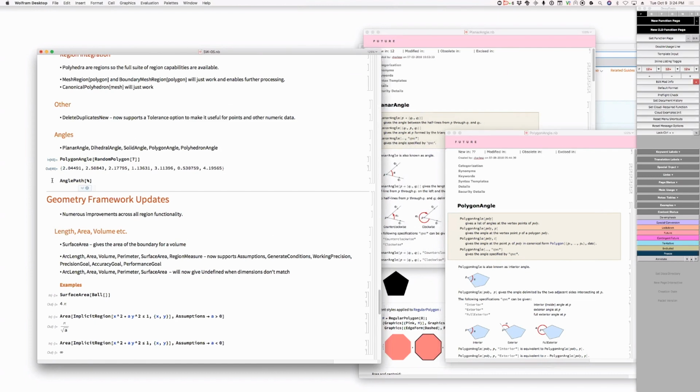And what happens if you have a line with a bunch of joints in it? Does planar angle or polygon angle give something for that? If I have a polyline, I don't think we have anything defined for that. It seems like it might be useful. So what we need to think a little bit about is that it can only be for the interior points, first of all, because it may not be closed.